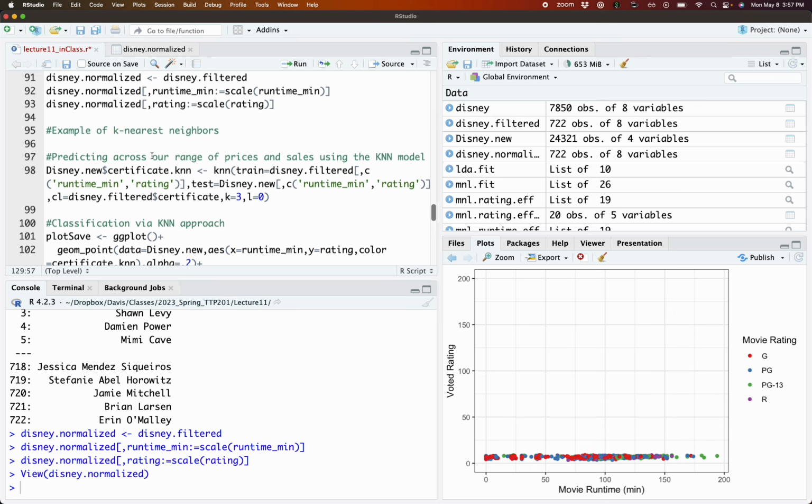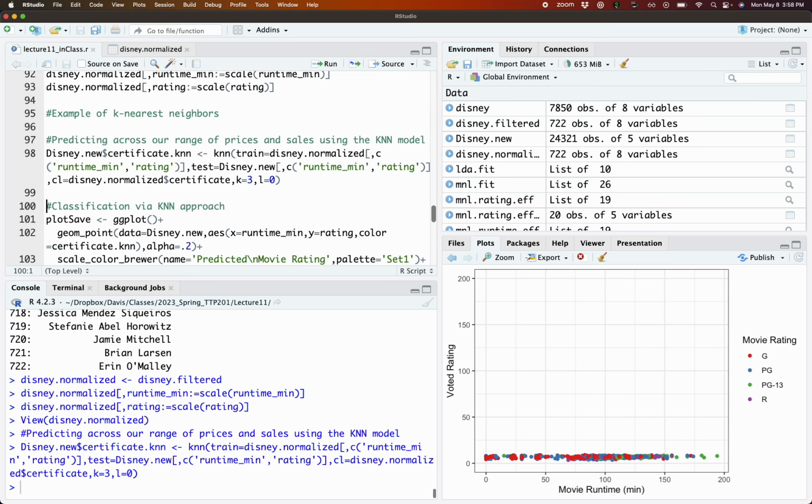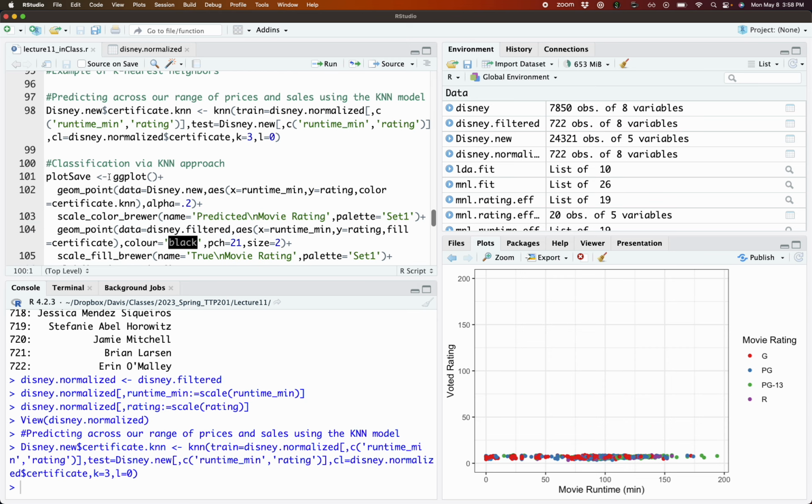So we're not doing the whole cross-validation or anything. I'm just doing that range across rating and runtime like before. Here I'm going to generically choose 3 neighbors. I need to change filter to normalized, and our outcome is what the CL is referring to. So we'll run this.